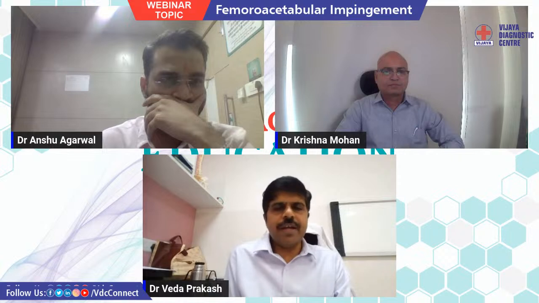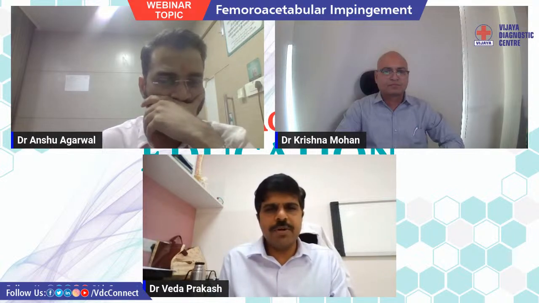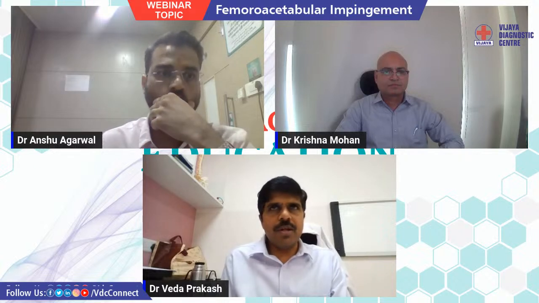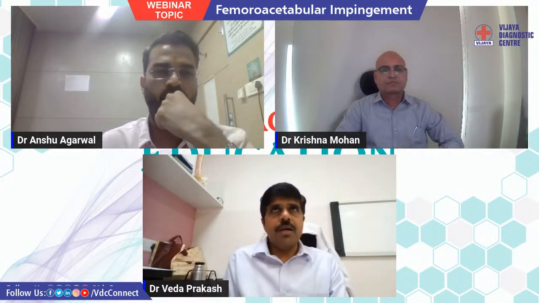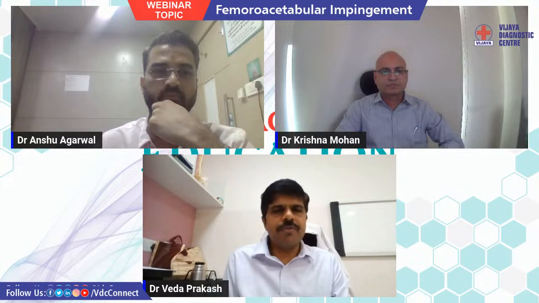But in a nutshell, a lot of patients who did not have a diagnosis in the past for deep joint pain, which did not show any evidence of arthritis on plain X-rays or MRIs, are now being picked up as having some form of impingement. And that is very important for us to identify as clinicians.